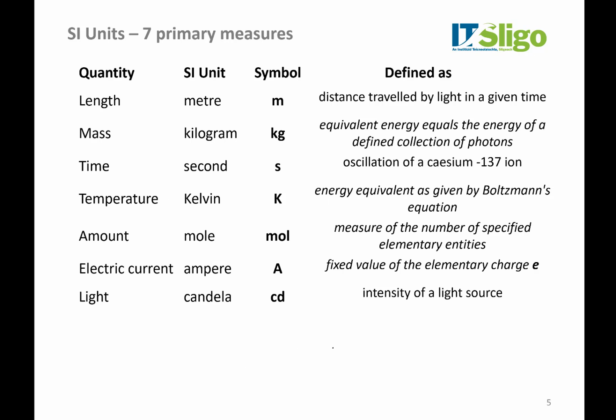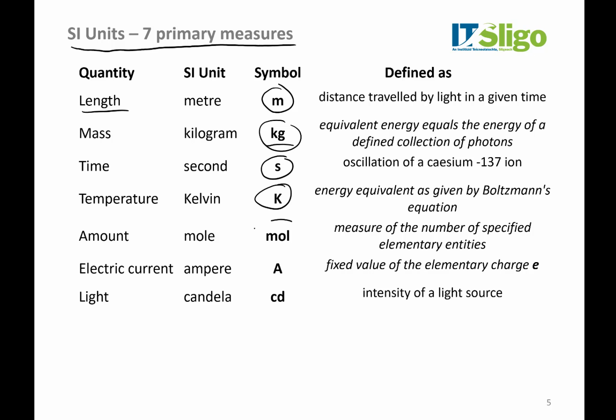Some of the main units: these are the 7 main units under SI units. The dimension of length, the quantity; the unit is the meter. Mass, the unit is the kilogram. Time, the unit is the second.